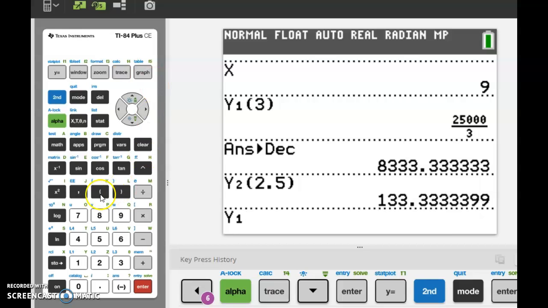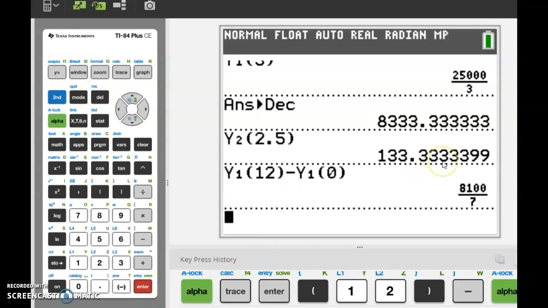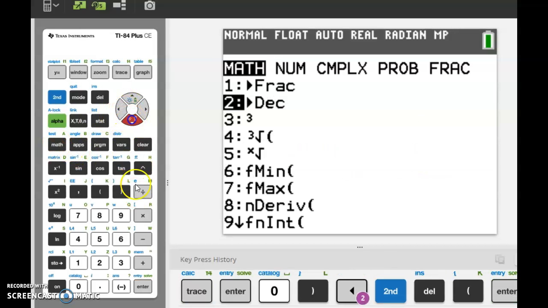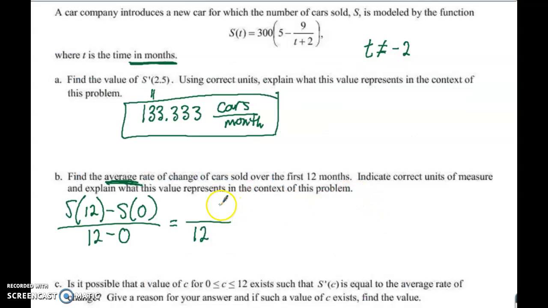So now we're back to y1. Whoops. So I can insert. There we go. And you can change that to a decimal if you want. 1157.143.